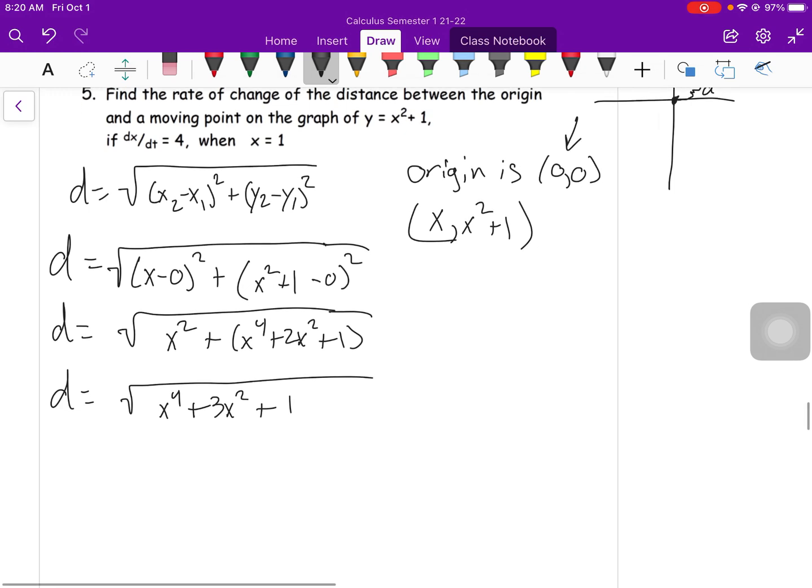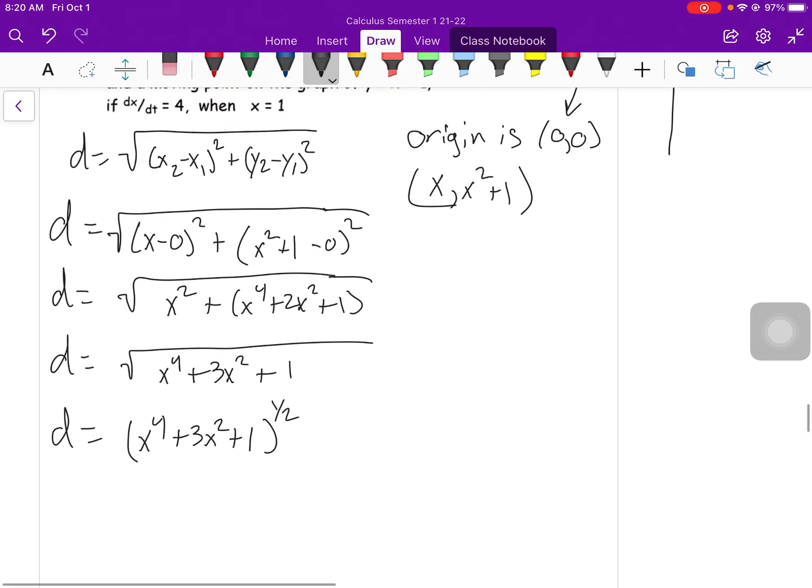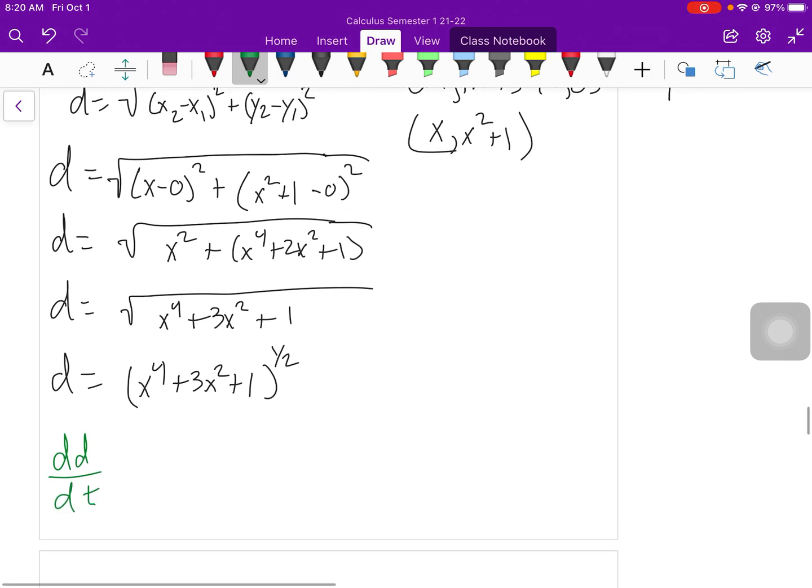Now, I don't want to have the square root involved, so instead I'm going to write it with an exponent of 1/2. Now I'm able to take the derivative of this. I can use my power rule, so d/dt is going to be 1/2 times the stuff on the inside to the negative 1/2 times that whole thing with respect to time.